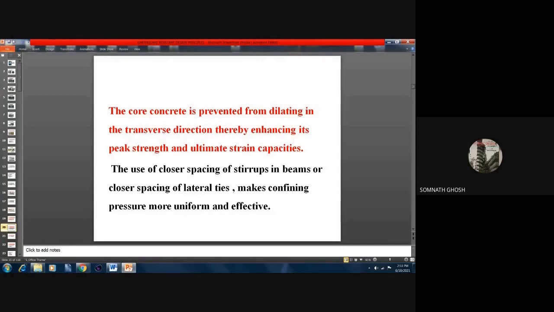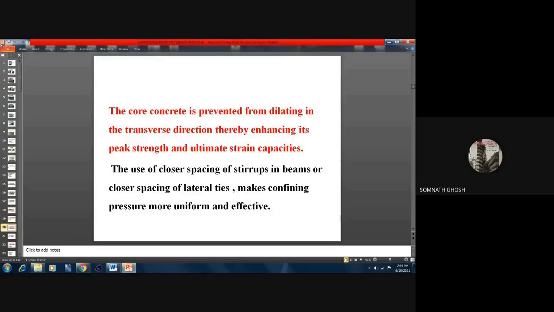So, in a particular beam, suppose the spacing is 200 centimeters. And if you consider another beam, same cross section, same longitudinal reinforcement, but only the stirrup spacing is 100 centimeters. You can expect higher ductility where the stirrup spacing is 100 centimeters.